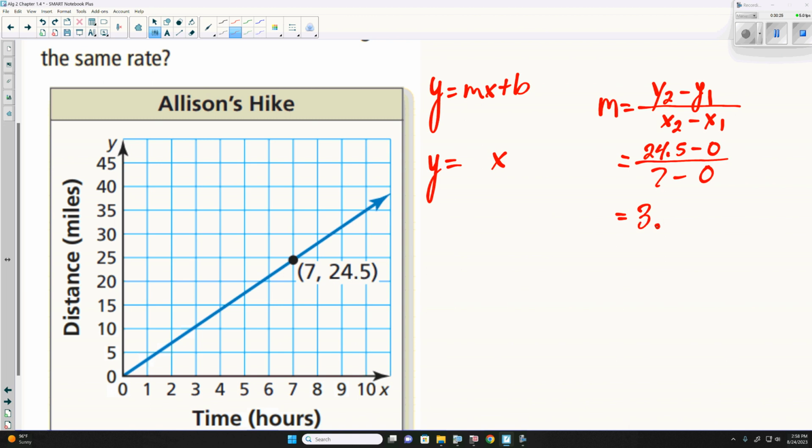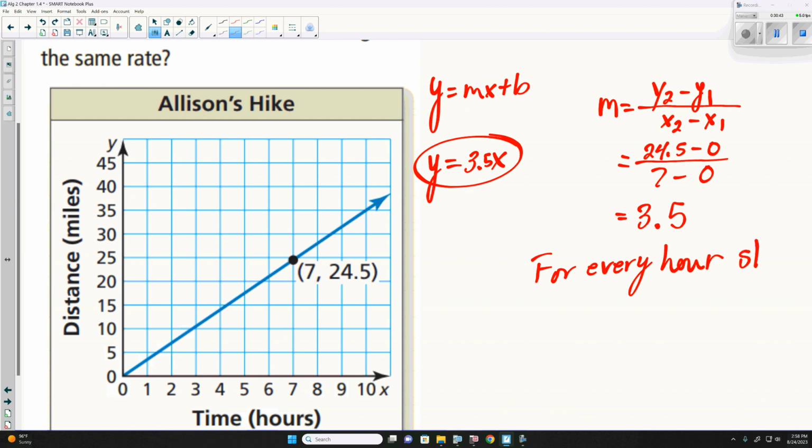So the slope is 3.5, and our equation is y = 3.5x. Interpreting this, for every hour, she will hike 3.5 miles.